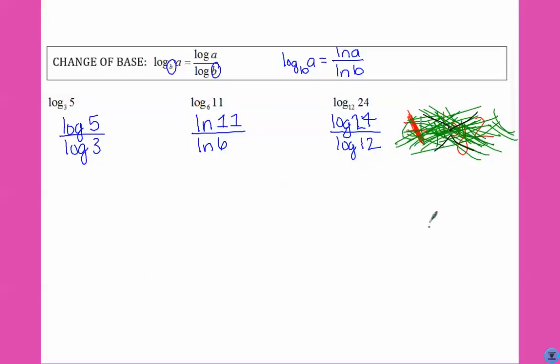Angry face. Don't do that. You cannot simplify like that. Okay? Log of 24 over log of 12. Order of operations says you have to do the logs first and then divide the answers. You cannot divide what you're taking the log of and then take the log of them. It's not allowed. So change of base, after you rewrite it, just leave it.